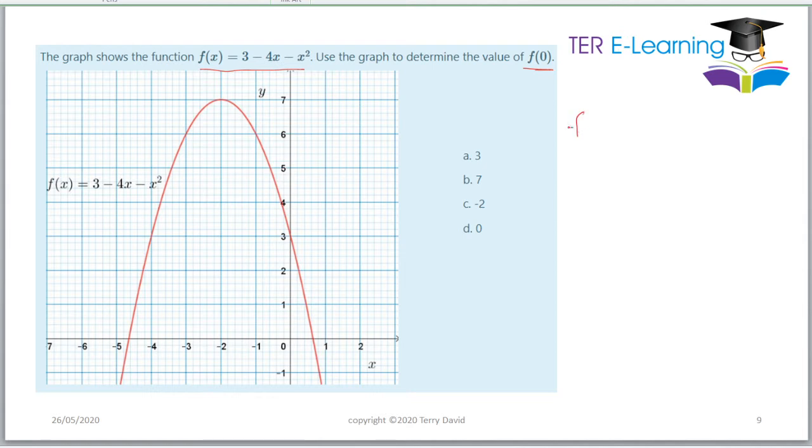Remember, you have the function f of x is equal to 3 minus 4x minus x squared, right? And they want us to determine the value of f of 0. That's what the question wants. What is f of 0? But they want us to use a graph to do that, right? So Cherie's saying she thinks it's B. How did she get B?